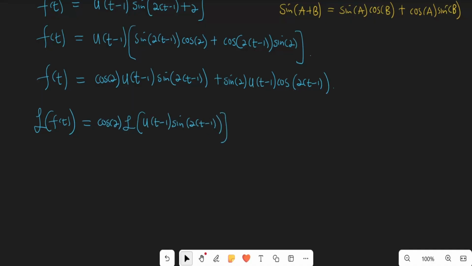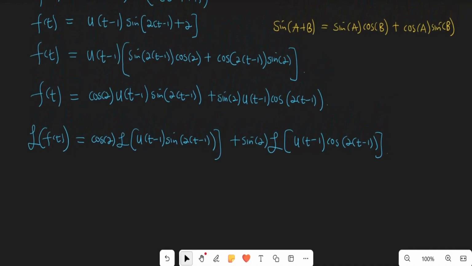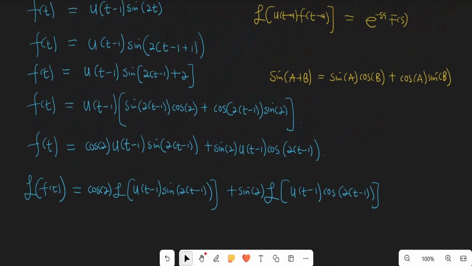I'm done with this. Next, sine of 2 is a constant, so I'm going to bring it in front here. Then I have the Laplace transform of u(t minus 1) multiplied by cosine of 2 times t minus 1, like this.